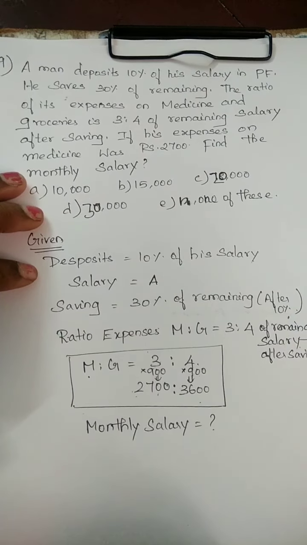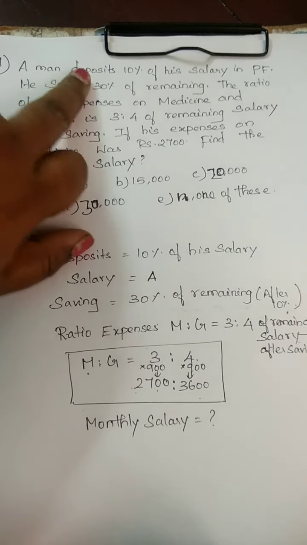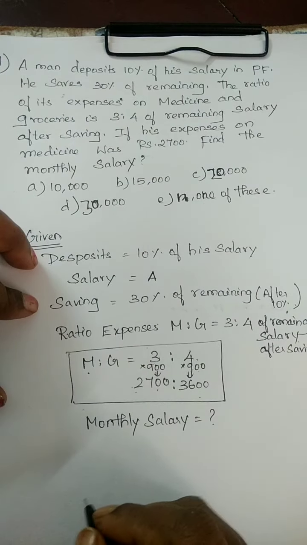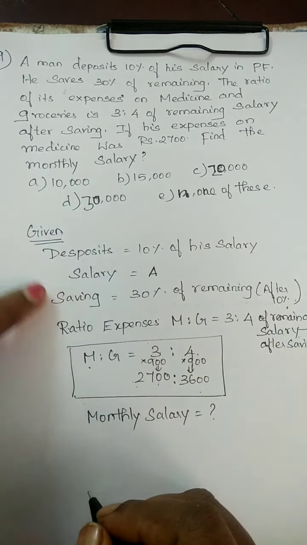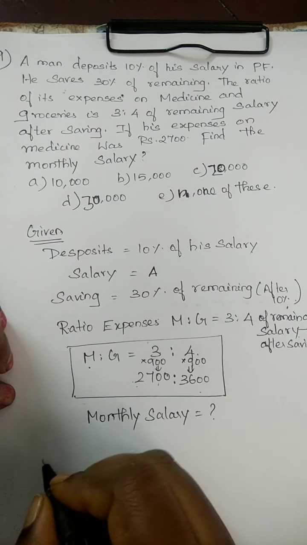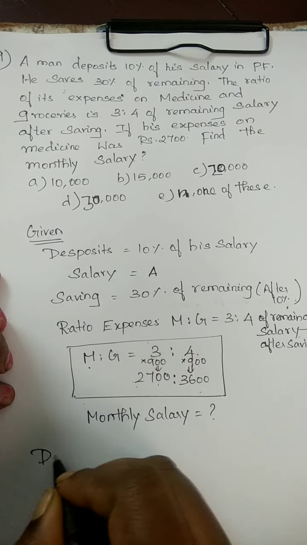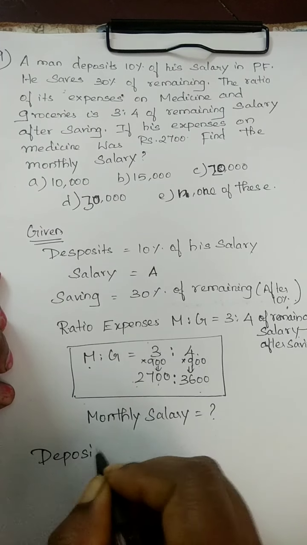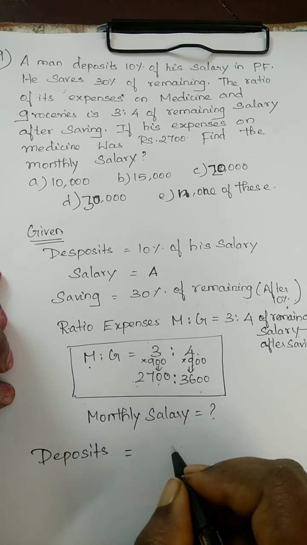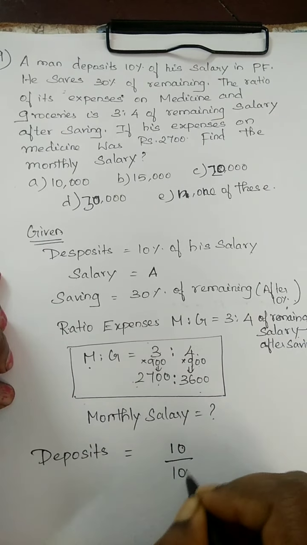Now, a man deposits 10% of his salary. Let's take we already took salary as A. So 10% of his salary he deposits, 10% means 10 by 100.